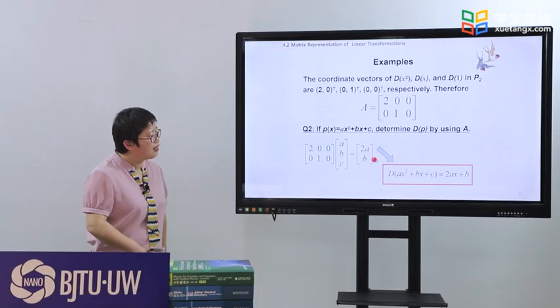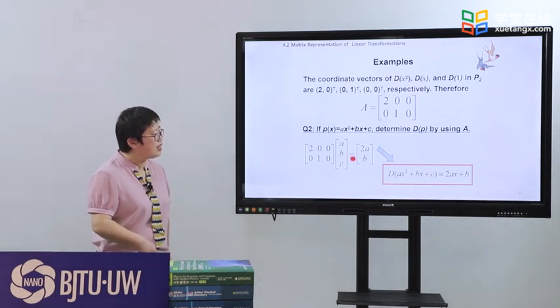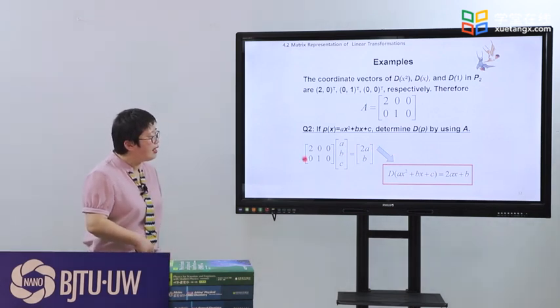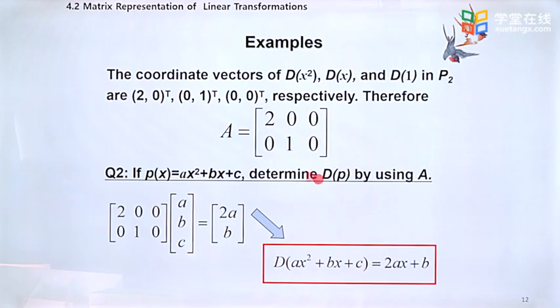So the coordinate vector with respect to x, 1 in P2 is obtained by A times the coordinate vector (a, b, c), and you will get 2a and b. So you know the differentiation operator applied to ax^2 plus bx plus c will give you 2a times x plus b.